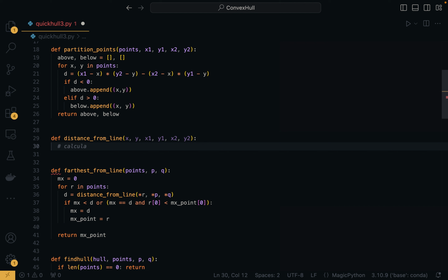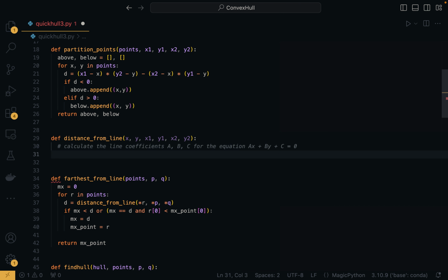We'll say, calculate the line coefficients A, B, C for the equation. This is called the general form of a line, or general equation of a line. I think it's general form of a line. In any case, here we go.